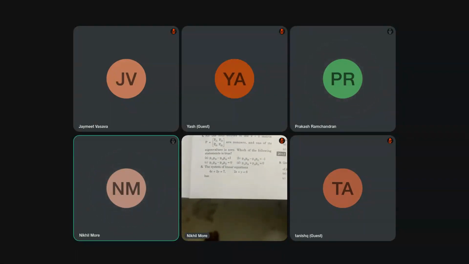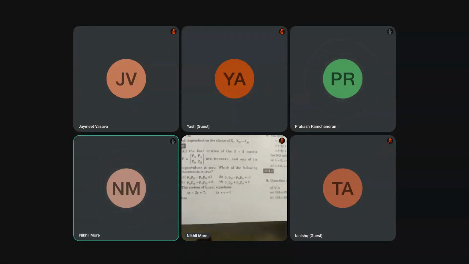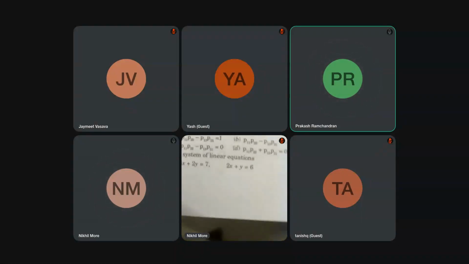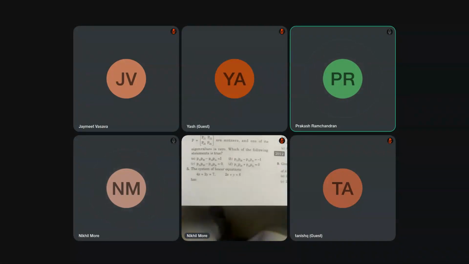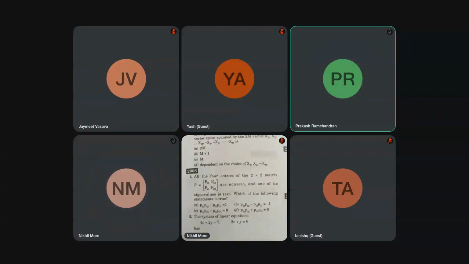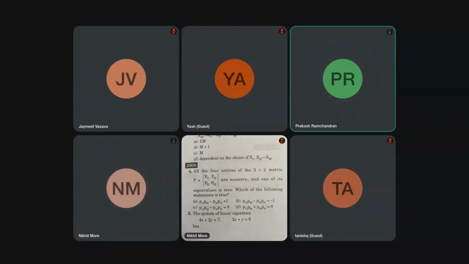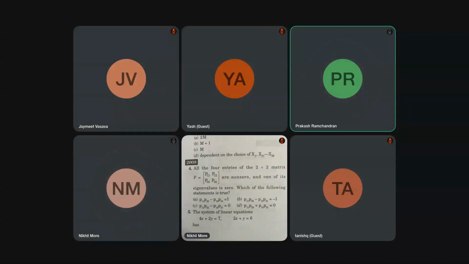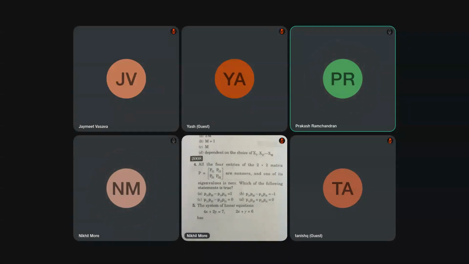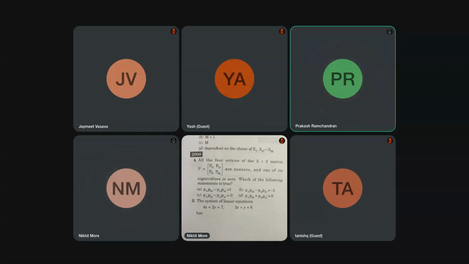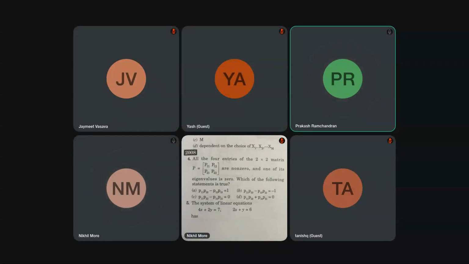If you take them, it appears that C is P11, P12 minus P12, P11, which is 0, and D is P11, P12 plus. First of all, there are no negatives in any numbers, right?